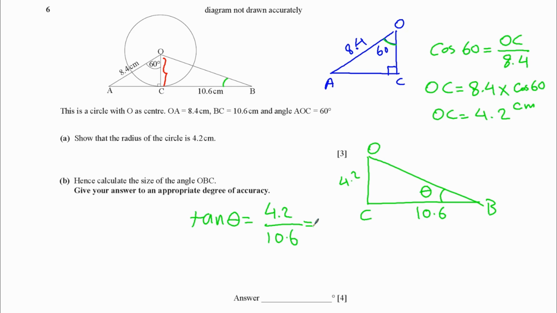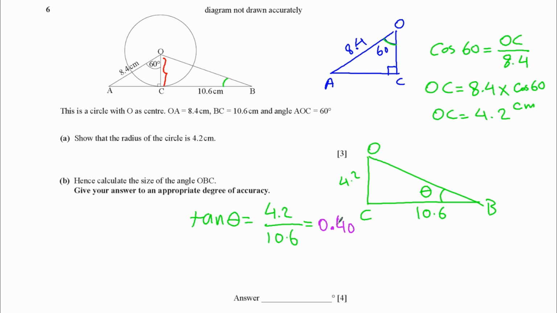Now, with these elements, you could do 4.2 divided by 10.6 and round it up and write it down. I'm going to show two different ways, a method and possibly a better way to do this. So I'm going to round this number to 2 decimals, and that would give me 0.40.